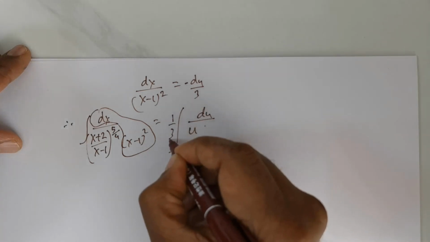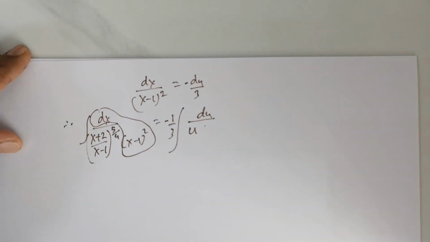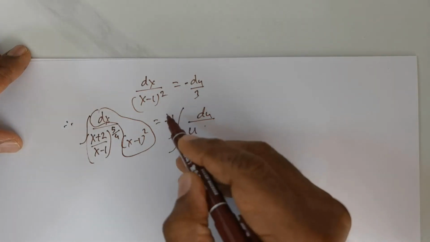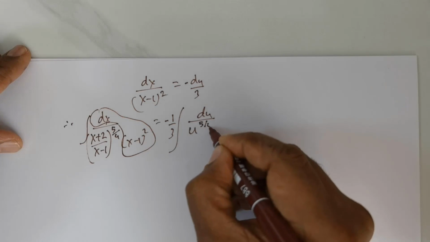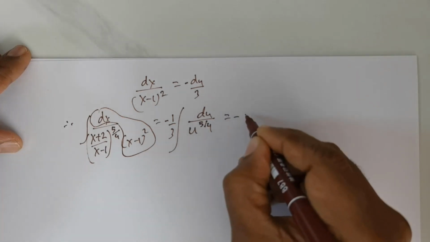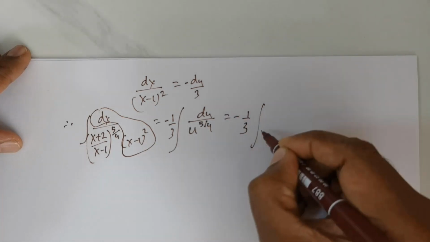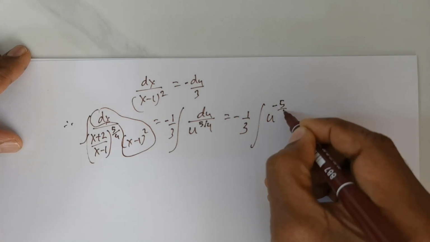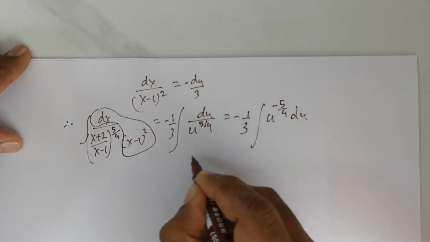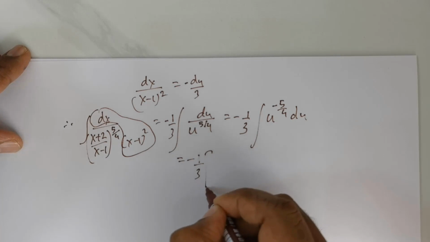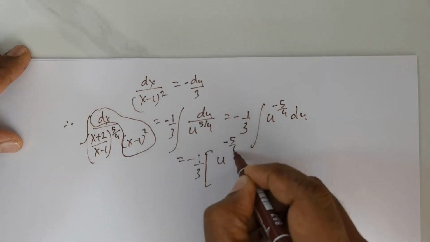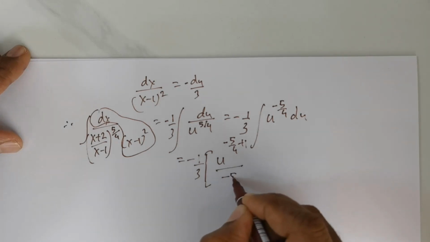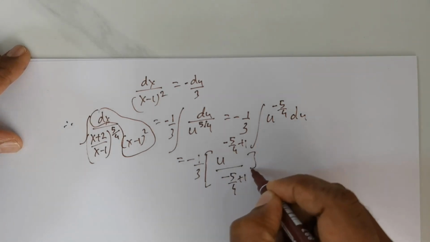I can place the 3 there and there is a negative sign, so this is what I've got, and this is raised to the power of 5 over 4, so you place that 5 over 4 there. So this can be rewritten as negative 1 over 3 integral u to the power of negative 5 over 4 du. You integrate this, you get u to the power of negative 5 over 4 plus 1 divided by negative 5 over 4 plus 1.